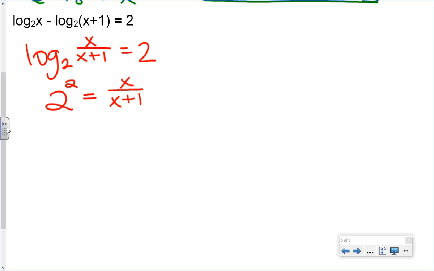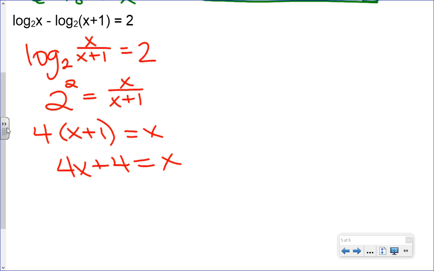We don't always like having that fraction on the right side, so let's make it to where we don't have a fraction. Okay, so this is 4. We can multiply that x plus 1 over. So we have 4x plus 4 equals x.